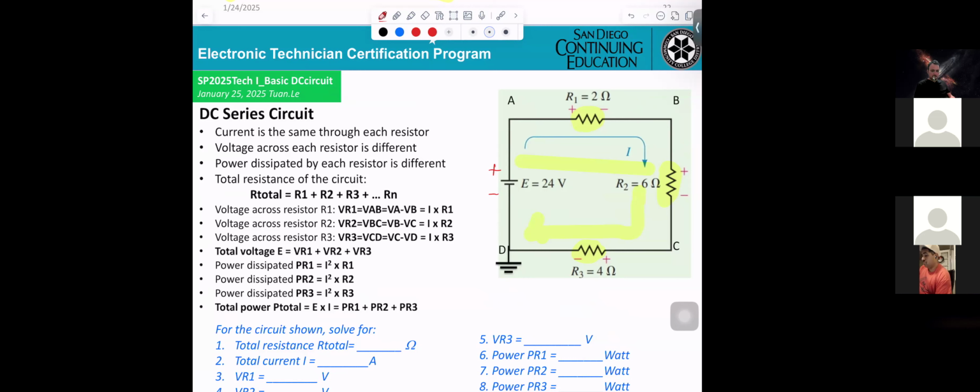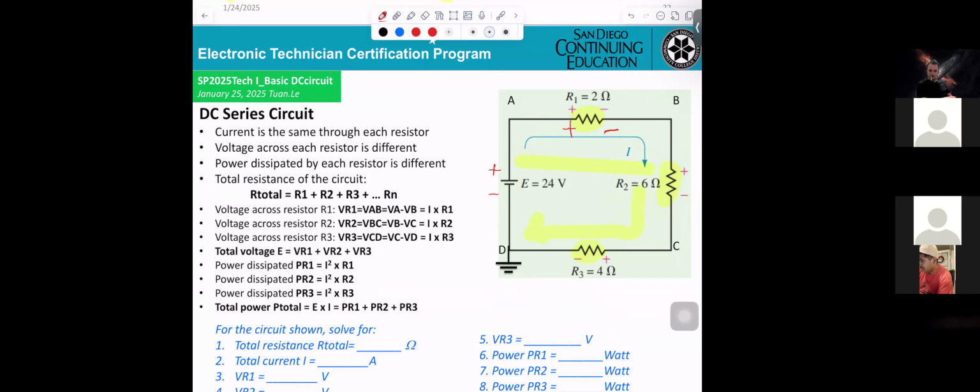When the current flows through R1, they have to be positive and negative. Current coming in is positive, leaving is negative.